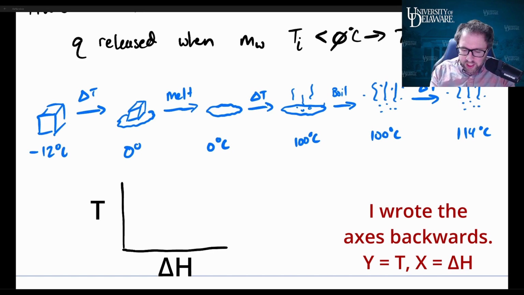So if we're watching that ice cube melt and turn into gaseous steam, what we're going to observe is that temperature is going to increase until we hit the melting point, which would be 0 degrees C. We're going to see it level off. So even though we're adding heat into the system, we're not changing the temperature. That's because we're undergoing a phase change.